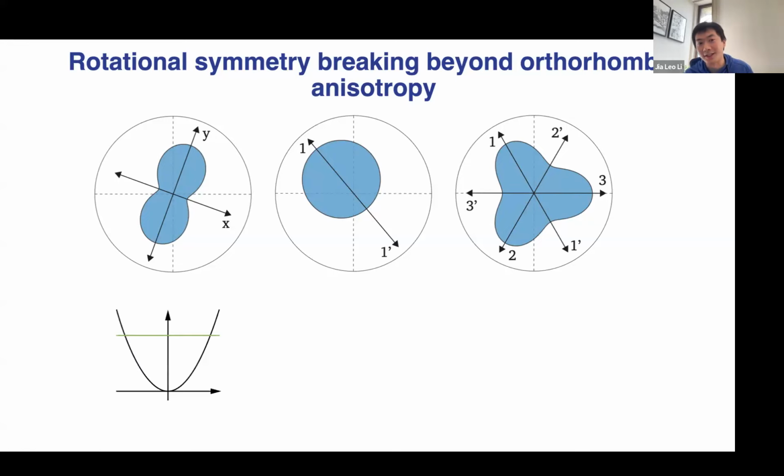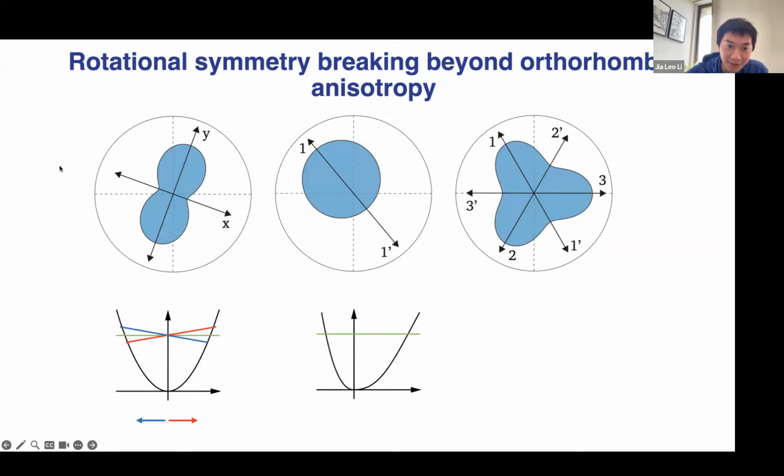And it turns out the key is to look at a line cut along the energy dispersion, right? If you have orthorhombic anisotropy, any direction you take a line cut, the energy dispersion is symmetric, right? Positive, negative momentum is the same. Whereas if you break twofold rotation or inversion symmetry, when you have this situation, the transport response is supposed to be reciprocal, meaning positive and negative current give you the same thing, right?